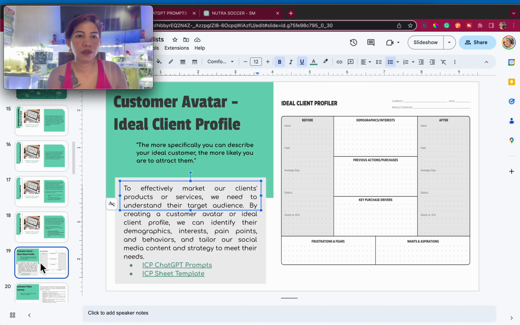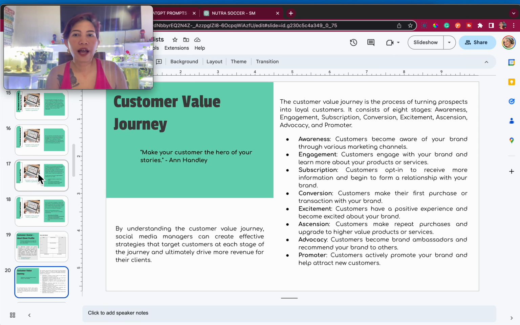Now we go to the next slide because I have a lot of stuff to discuss with you. Customer value journey. Now, customer value journey is the process of turning prospects into loyal customers. So, in the beginning, when you come across a business page in your Facebook news feed, you're not customers right away.